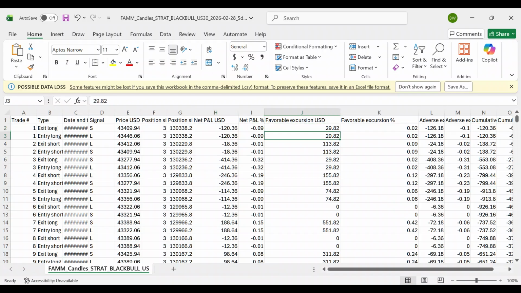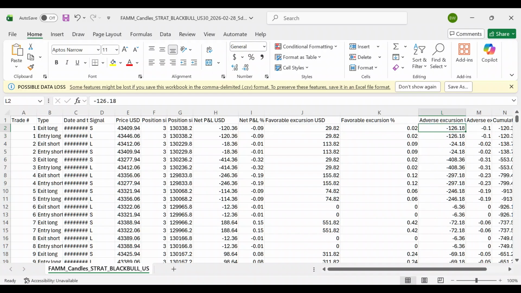But favorable excursion is, hey, look, it went into profit this amount. Adverse excursion is how much drawdown it was, right? It was $3 per pip. This is all $3 per pip. So here we go.